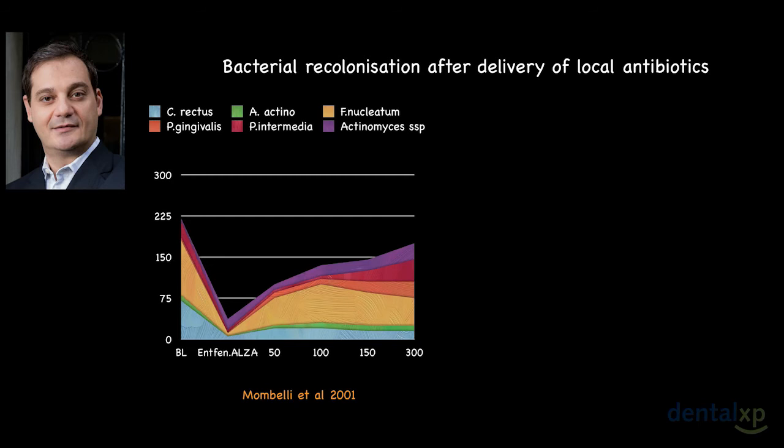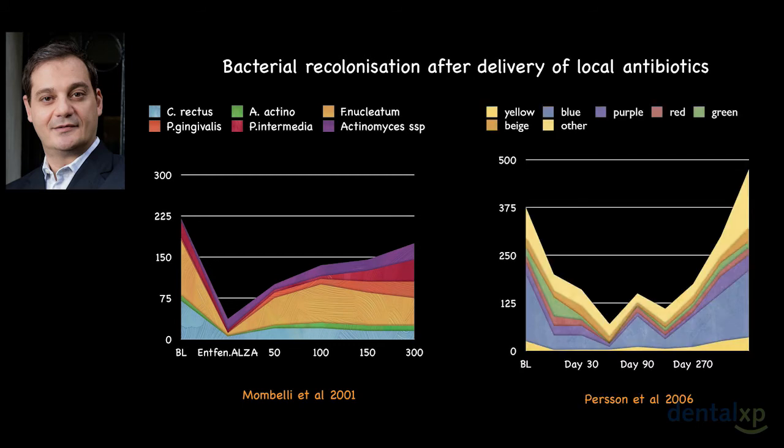And look at what they found, that when you put antibiotic, local delivery, and that's Mombelli in 2001, you have a drop in the bacterial load, but then at 30 days it goes back up, almost to the same level where it started.